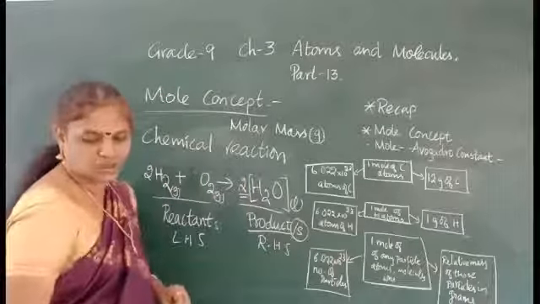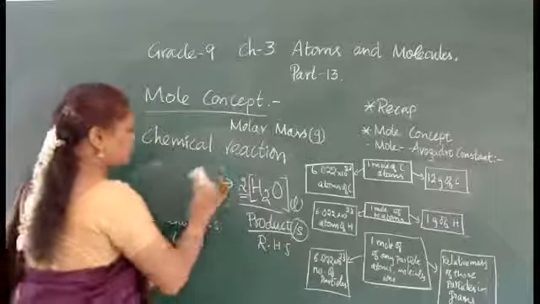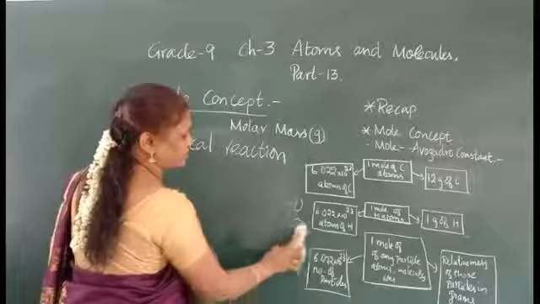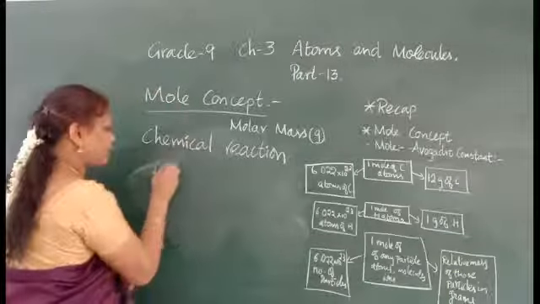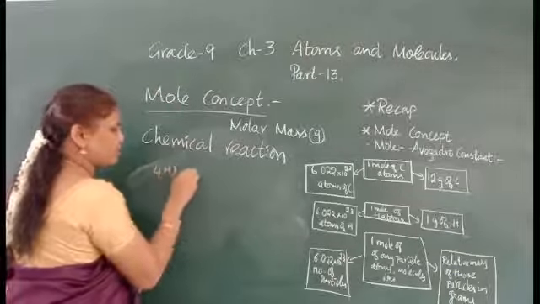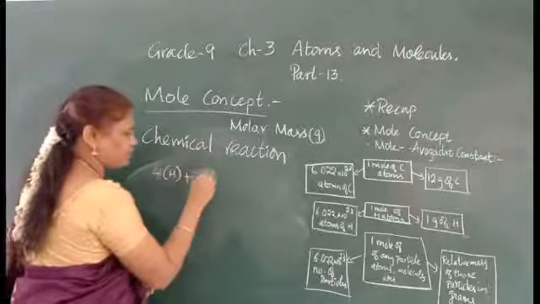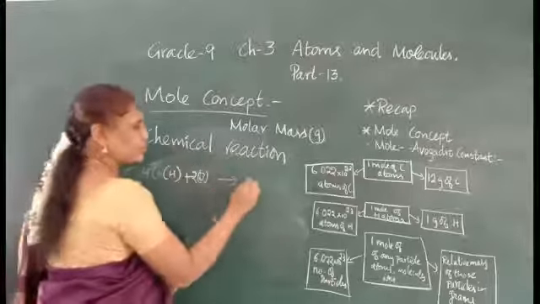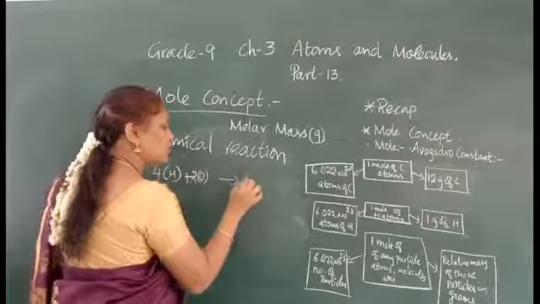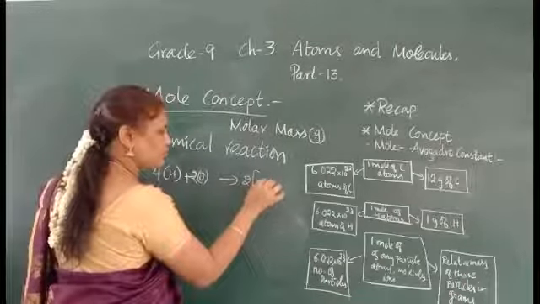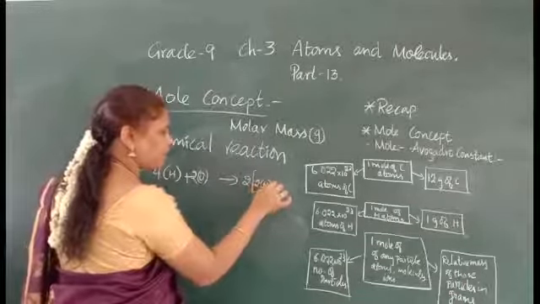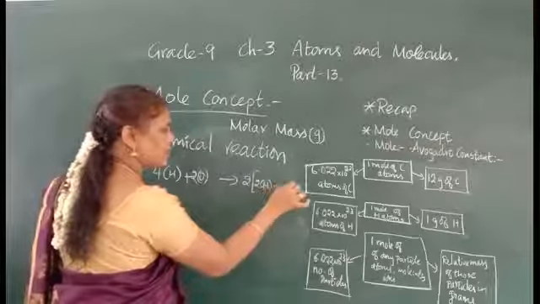So we have found that it is 4 hydrogen. 4 hydrogen plus 2 oxygen we have mentioned now. Here it is 2 into 2 hydrogen, plus 1 oxygen.